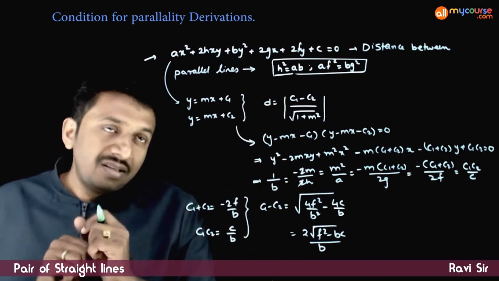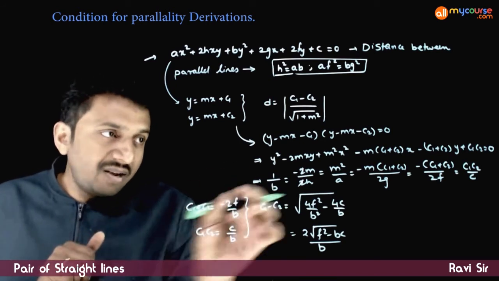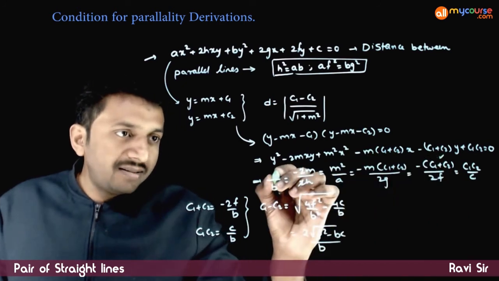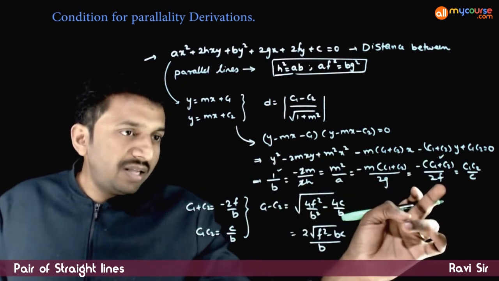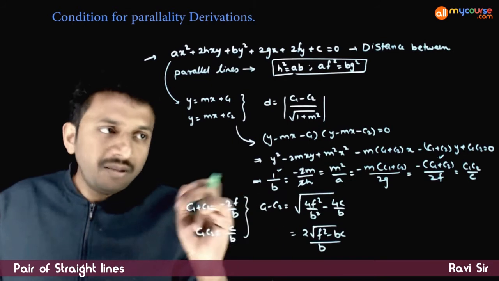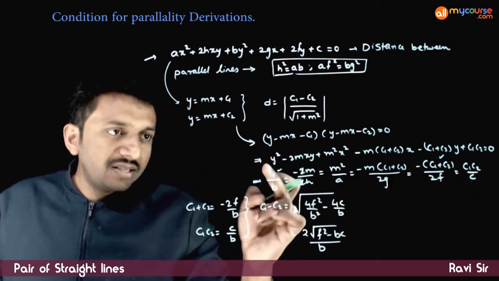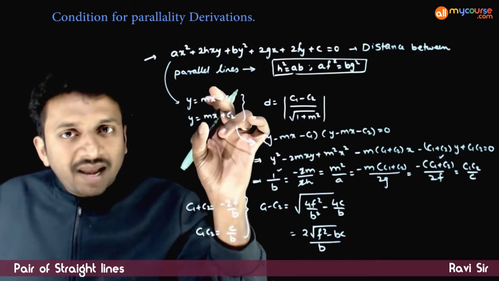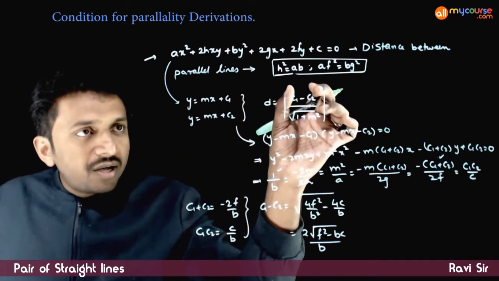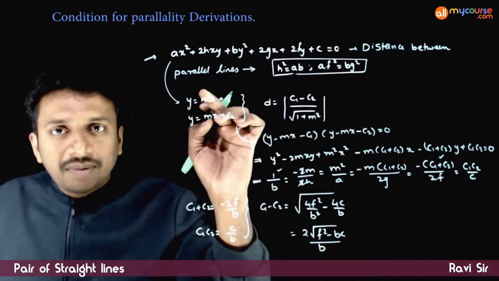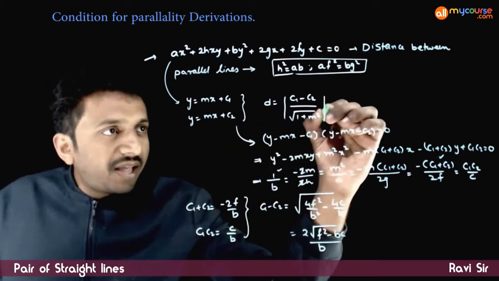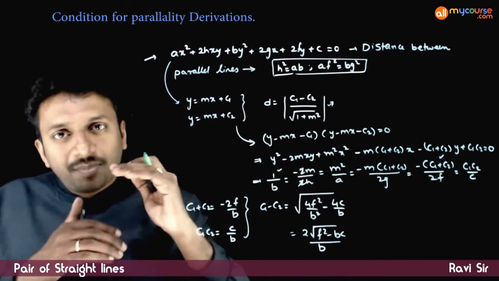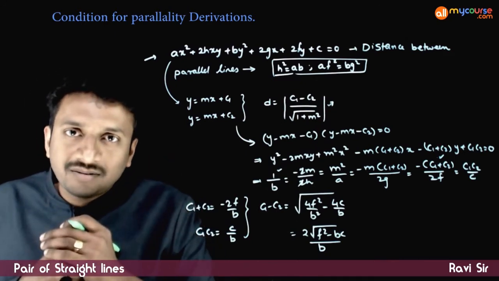So from this, you can get c1 plus c2 by equating this and this. c1 plus c2 is minus 2f by b and c1 c2 is c by b. And what is the distance between the parallel lines? Difference between the constants by root of a square plus b square. If I can find this value, this will be the perpendicular distance between the pair of lines.